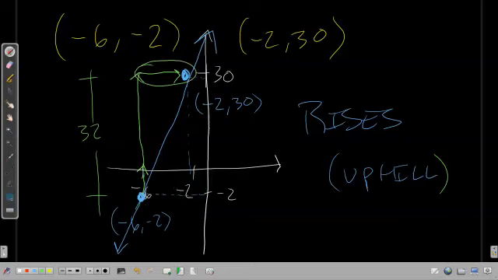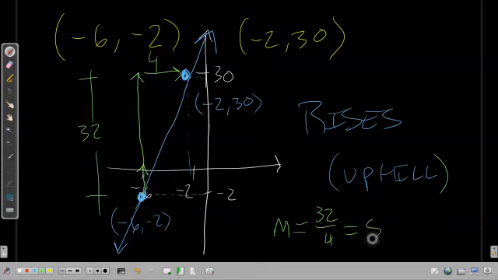You could take this little arrow here and kind of scoot it down, and it's the same as any of these distances. From, on the x-axis, from -6 over to -2, is the same distance as from right there to right there. So my run would just be 4. And then my slope is 32 over 4, which is 8.